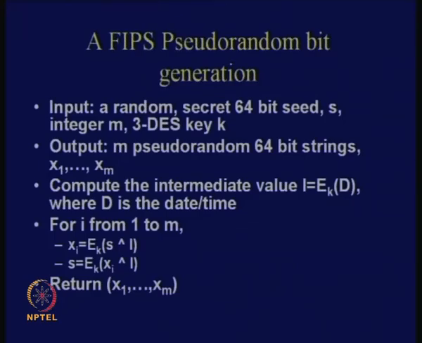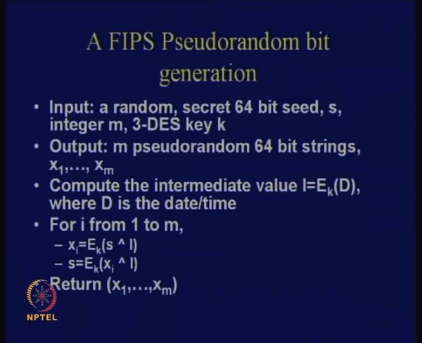So how do you do that? You take as input a random secret 64-bit seed S, an integer n, and a 3DES key k. These are your inputs to the algorithm, and what you output are m pseudorandom 64-bit strings x1 to xm.